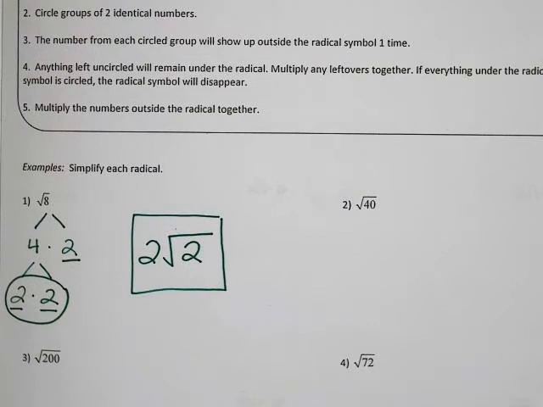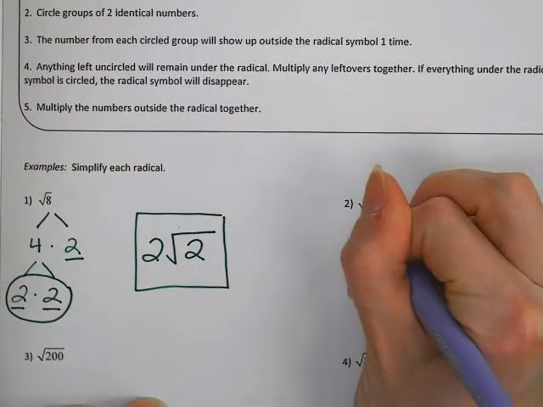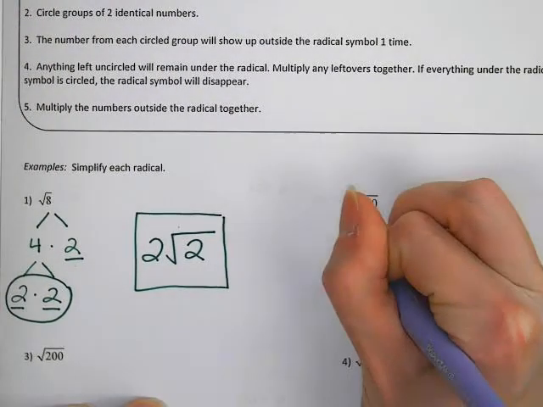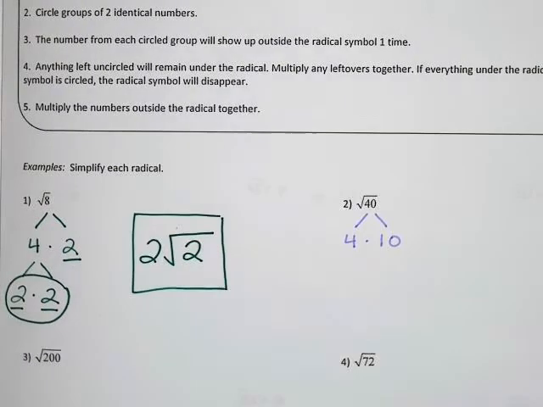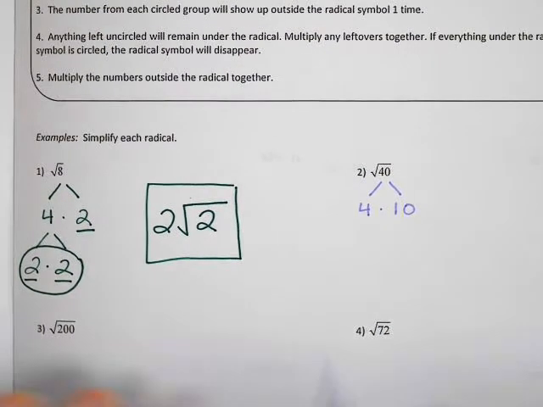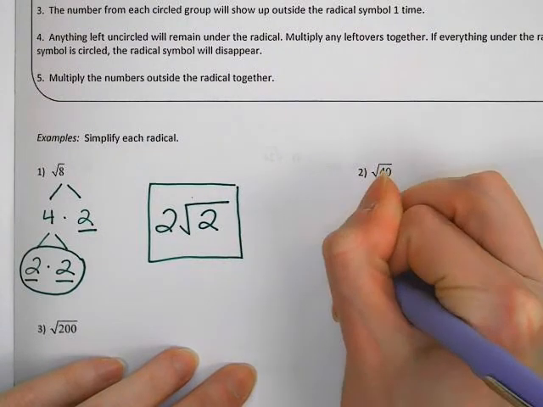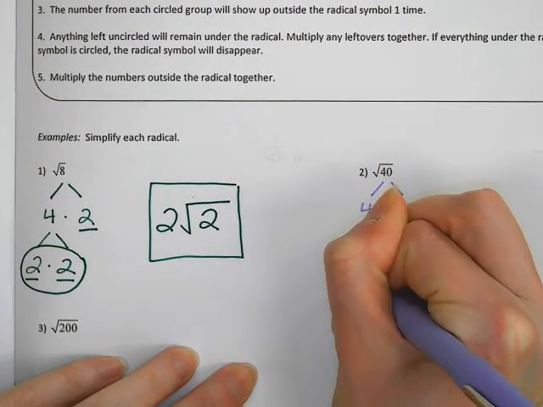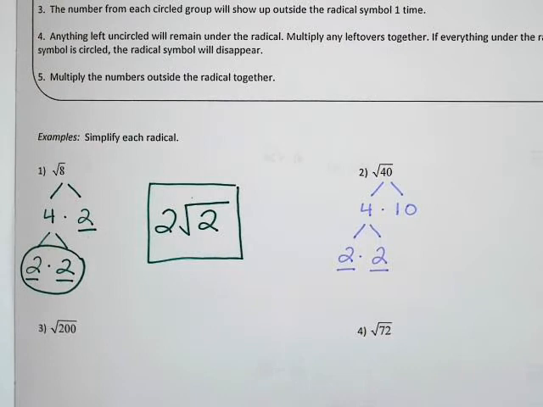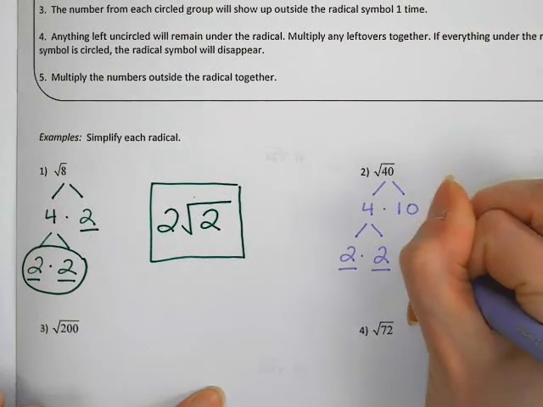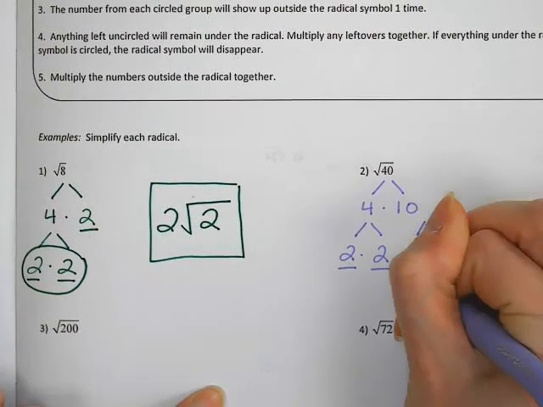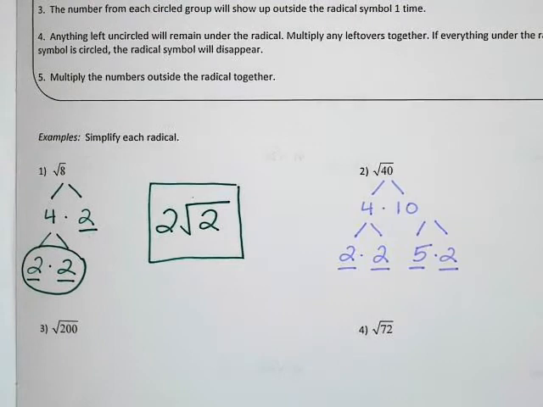All right, let's try another one. So 40. Tell me 2 numbers that multiply to 40, and don't pick 40 and 1. I'm going to do 4 times 10, but there's multiple ways to do these. Now keep going. 4 is 2 times 2, and we can stop there. Those are prime. And 10 keeps going into 5 times 2, and we can stop there because those are both prime.